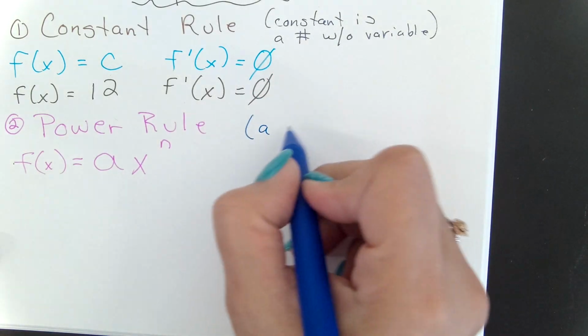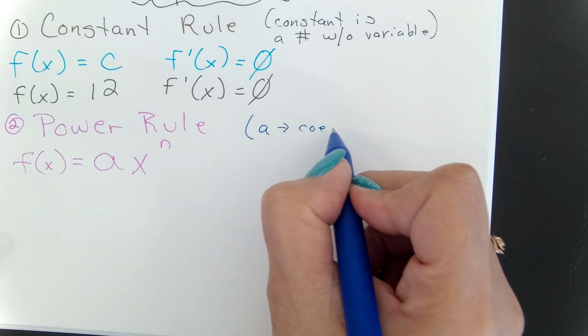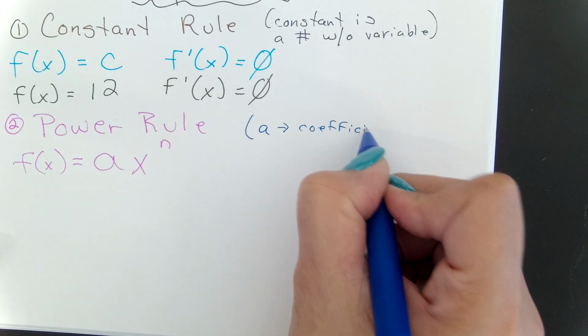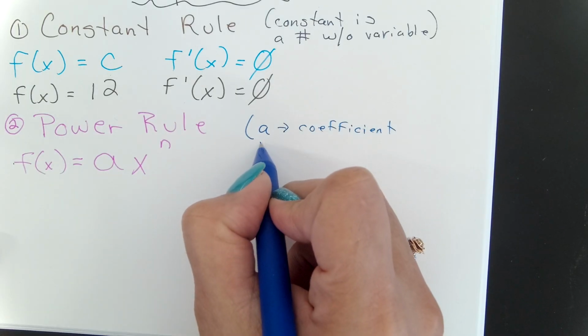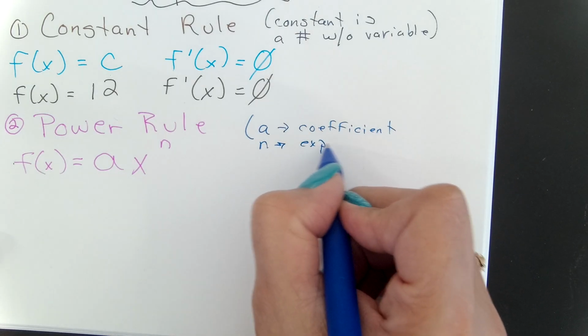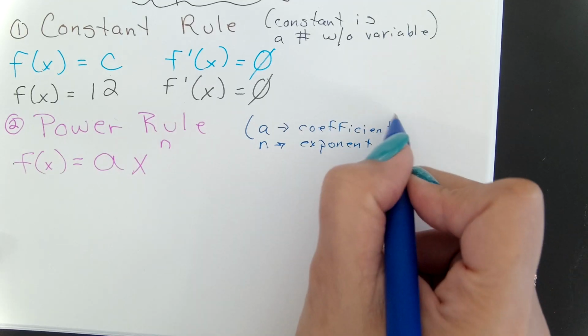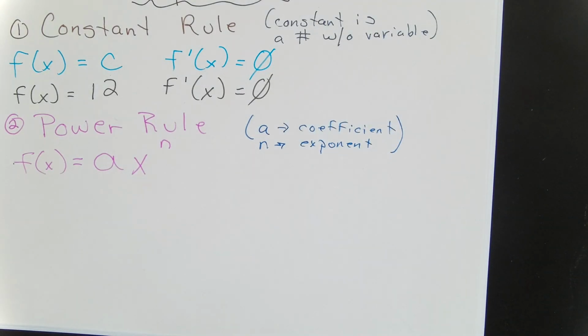So a is the coefficient and n is your exponent. I'll wait until everybody's done writing it down so that I can explain it as I go. I don't want you to get lost.